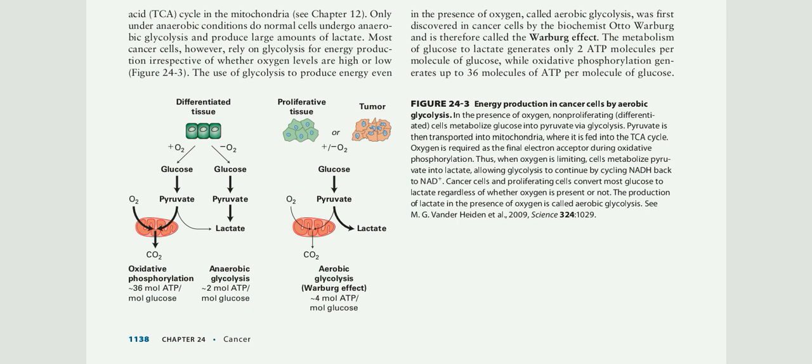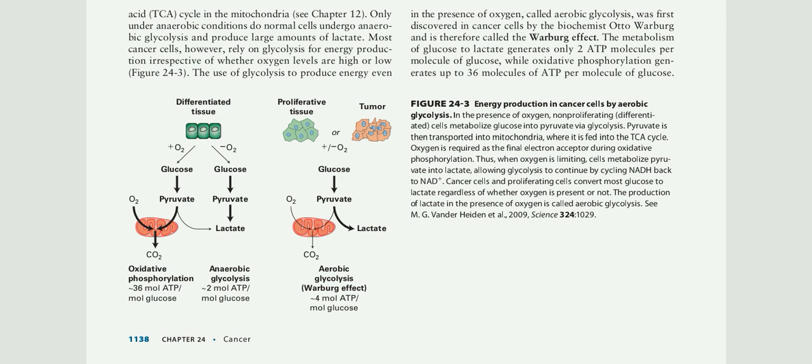In differentiated tissue, glucose forms pyruvate, which leads to oxidative phosphorylation, but lactate is produced in another case, so anaerobic glycolysis will be there. In proliferative tissue or tumor, glucose, pyruvate, lactate are formed, or CO2, and aerobic glycolysis or the Warburg effect will be produced.